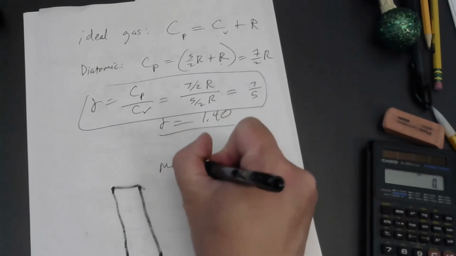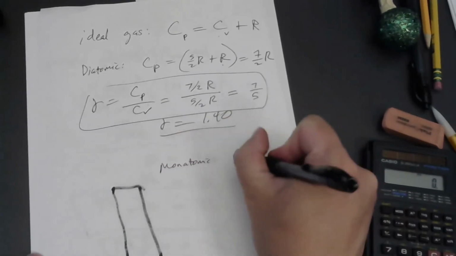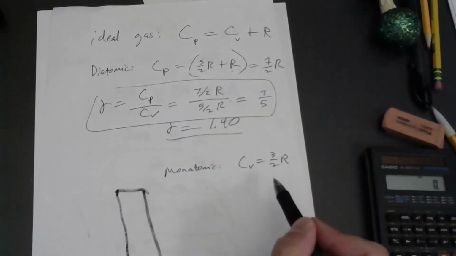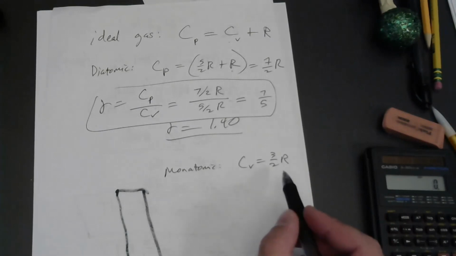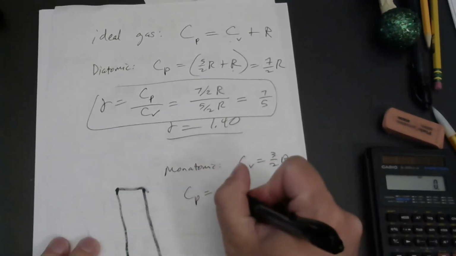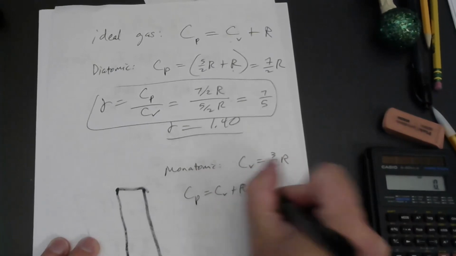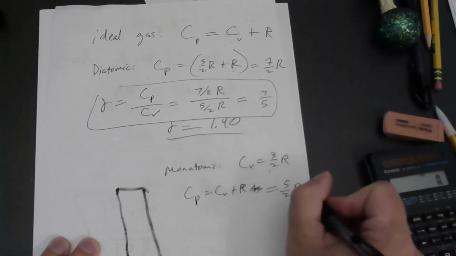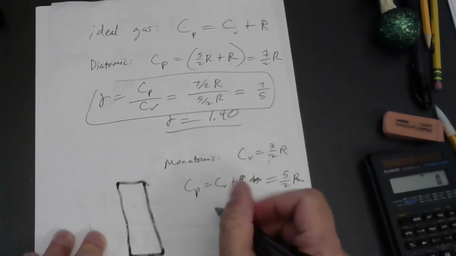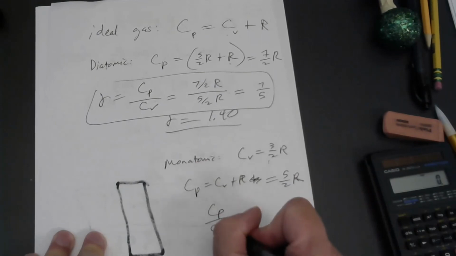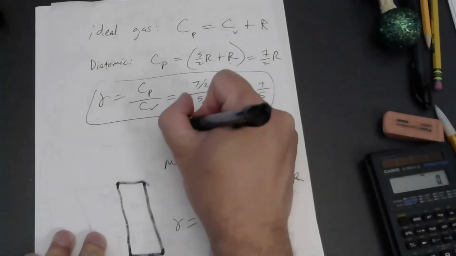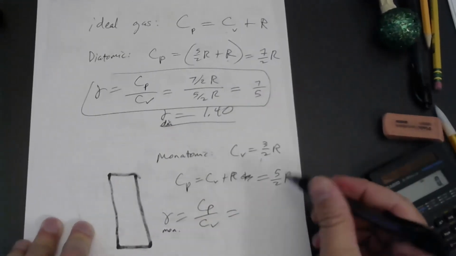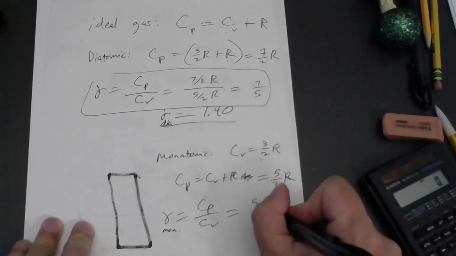Let's do monatomic while we're at it here. We know that CV is only 3/2 R. This is how many joules there are per mole per degree Kelvin. CP would be CV plus R, 3/2 R plus another R is 5/2 R. And that means for a monatomic ideal gas, the ratio of the heat capacities, gamma, maybe I could put gamma diatomic and gamma monatomic, would be 5/2 over 3/2, or in other words, 5/3.